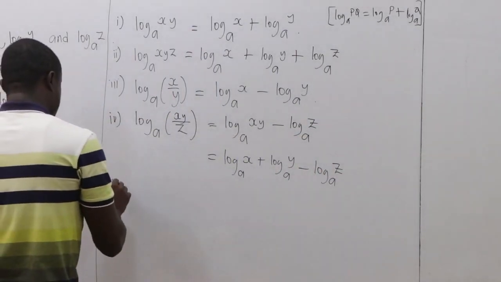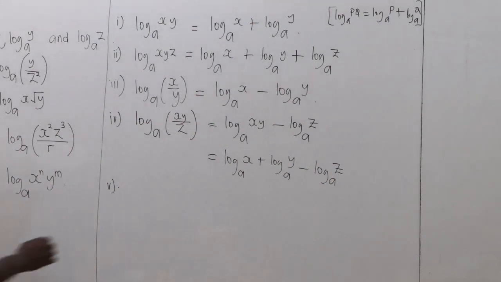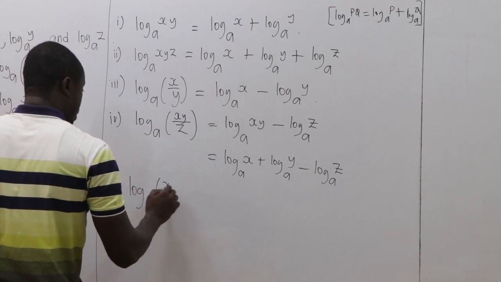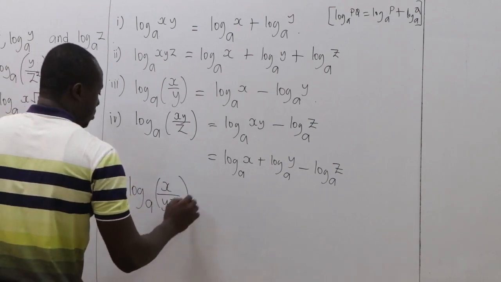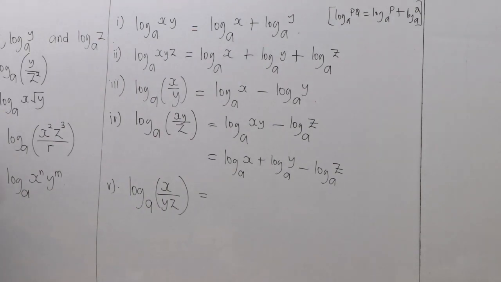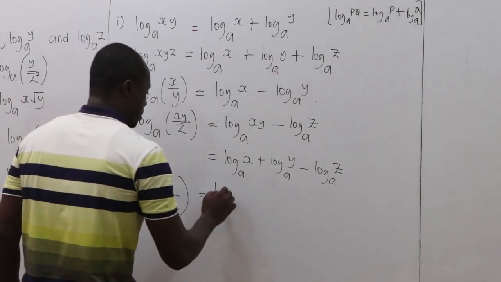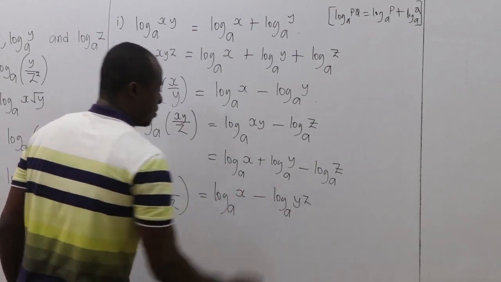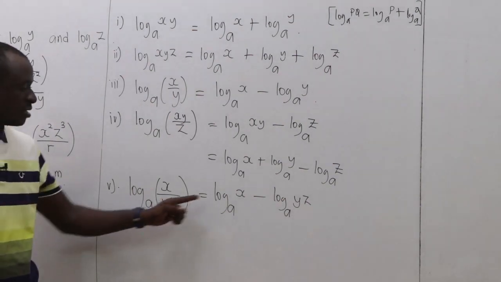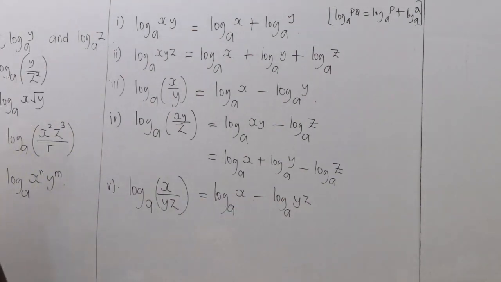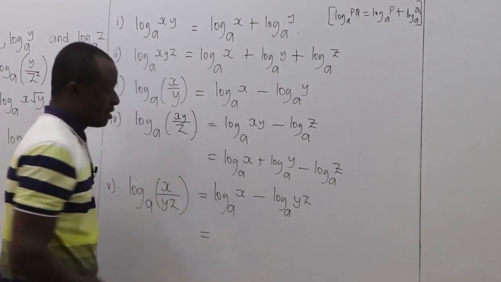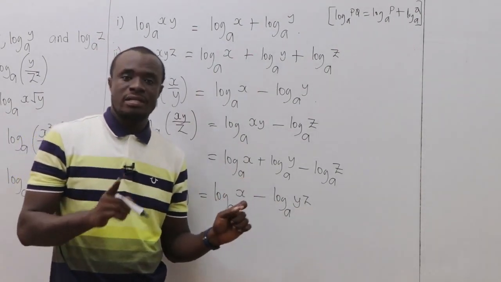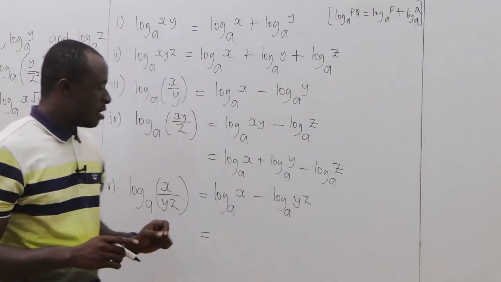Now let's see the fifth question. We have log a of x over yz. From the second law, this is the same as log a of x minus log a of yz. Why? When we are subtracting, what do we do? We divide. But then here we have yz, and there's no yz in what we are supposed to express in terms of log a of x, log a of y, and log a of z.